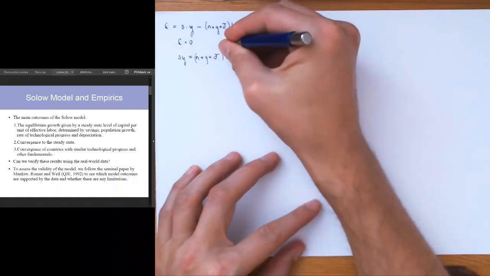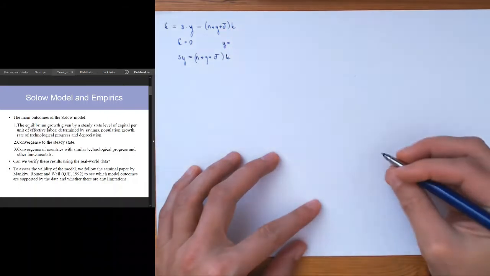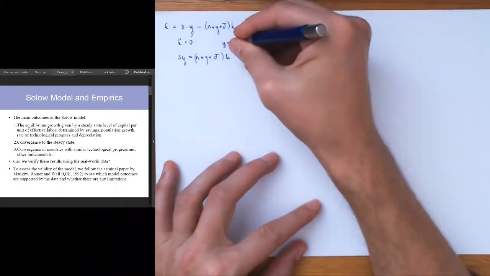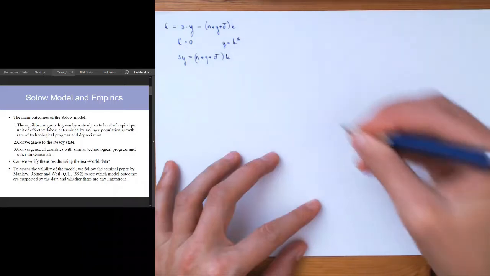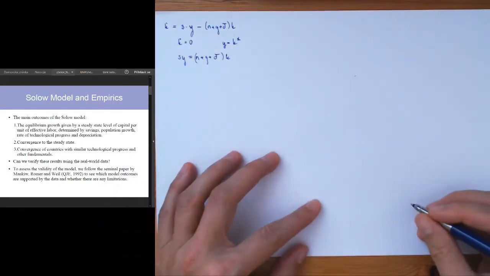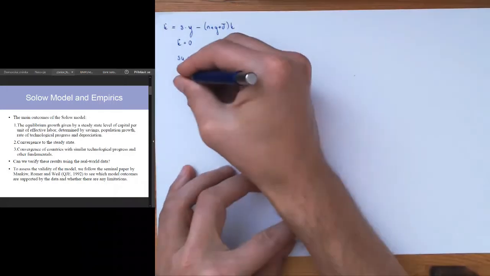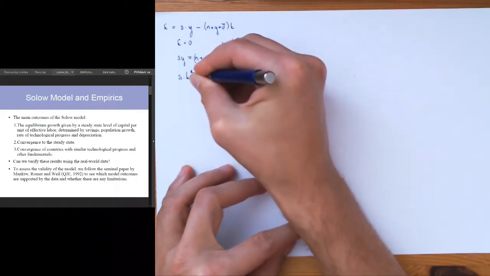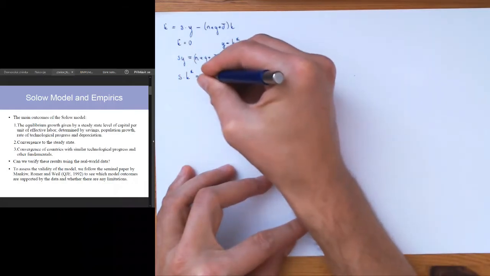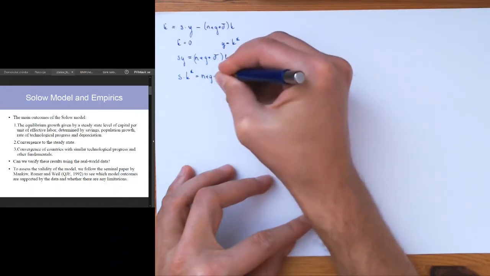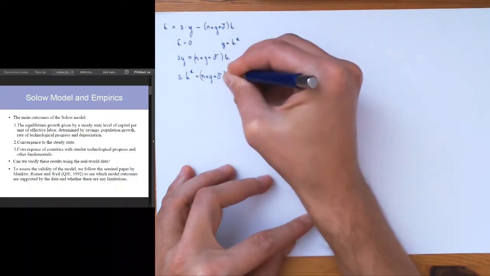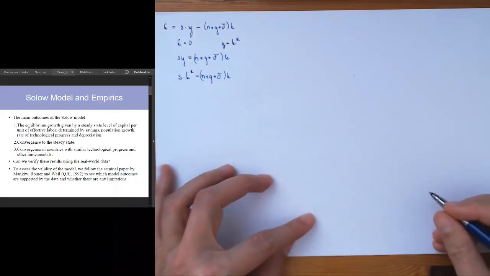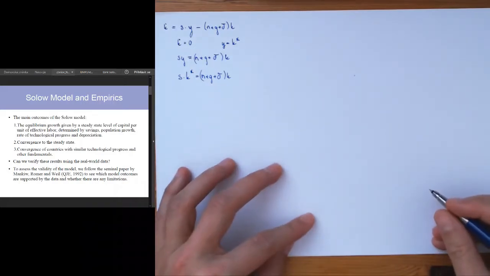The production function in its baseline can be very simple. y can equal K to the power of small alpha, and then we can write s times K to the power of alpha equal to (n plus g plus delta) times K. And we can now solve this equation for K.